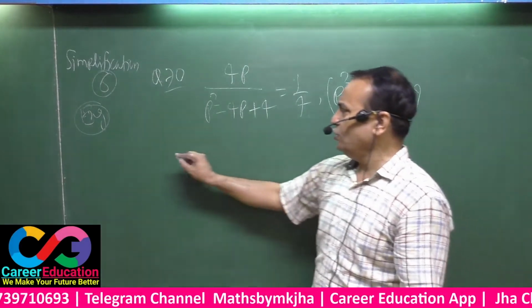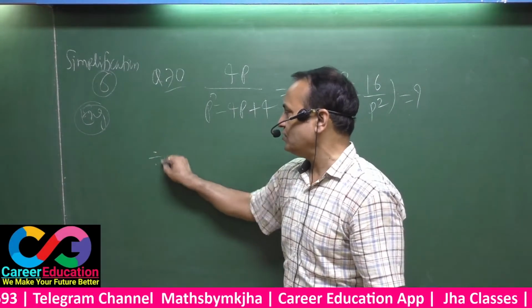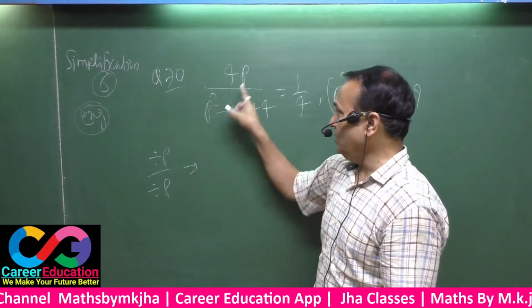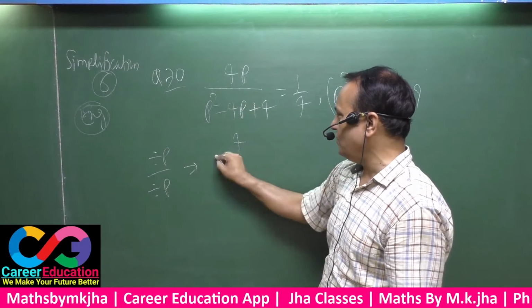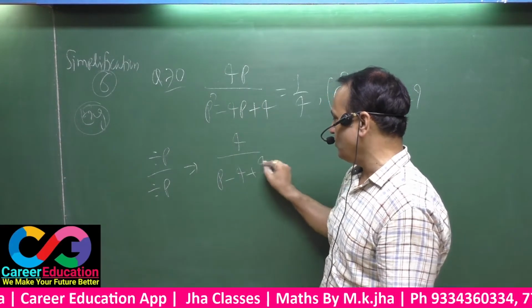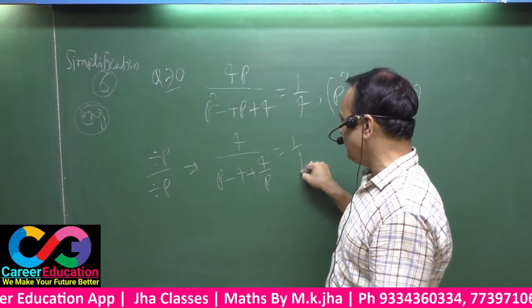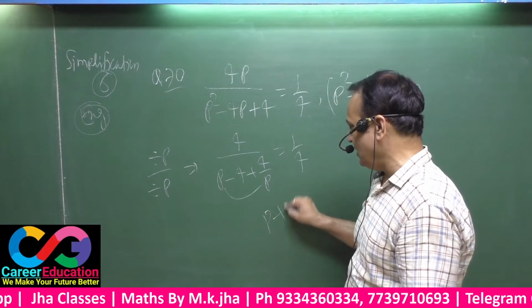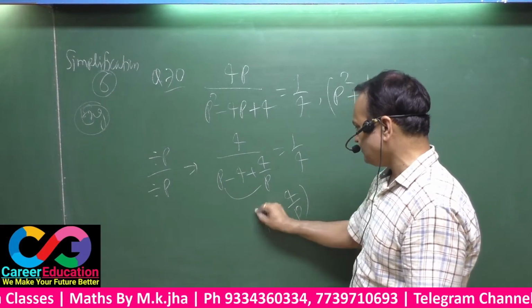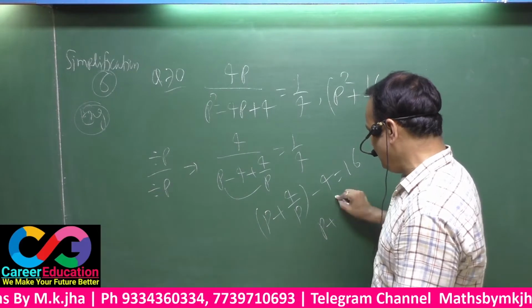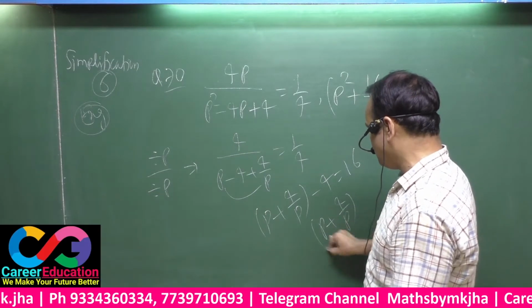You will have to divide all this by p. If you divide this by p, this is 4. If you divide this by p, this is p, this is 4 by p, and this is 1 by 4. Now this will be p plus 4 by p minus 4 equals 16. That means p plus 4 by p equals 20.